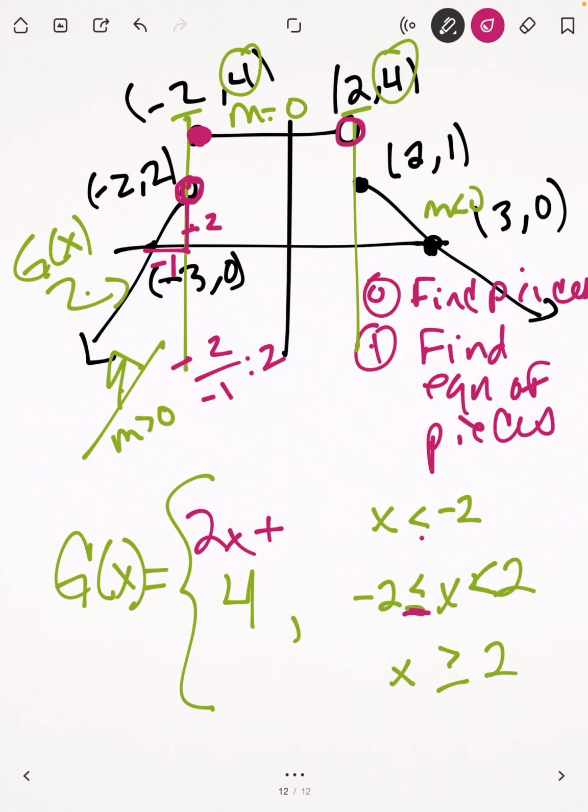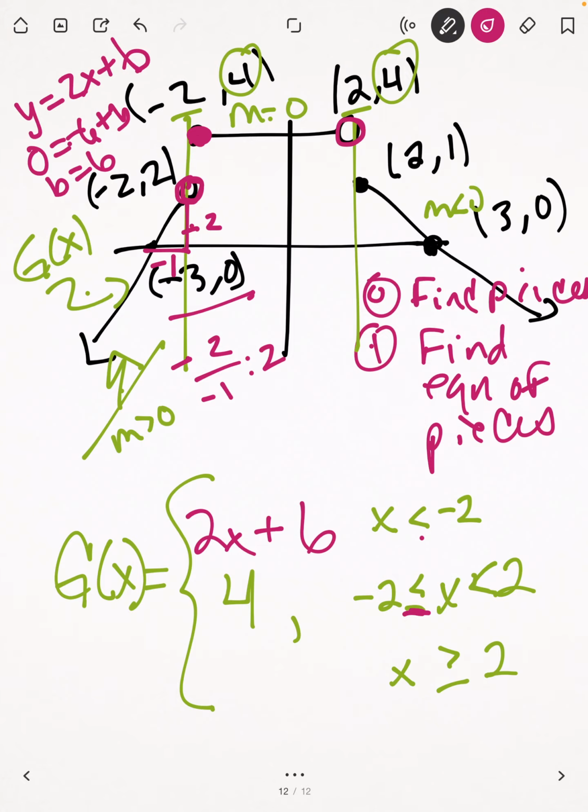So what we'll do is we'll write, and I'm running out of space, y equals 2x plus b. Pick a point. We'll use that -3, 0 point because that looks like it'll be easy to work with. 0 equals negative 6 plus b, so b equals 6. So 2x plus 6.